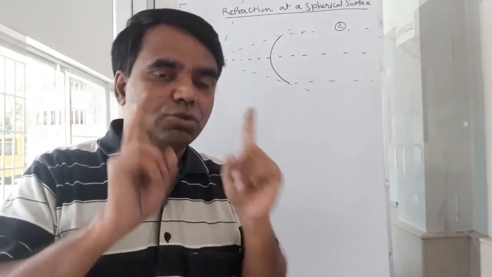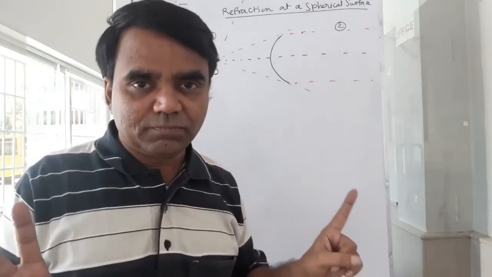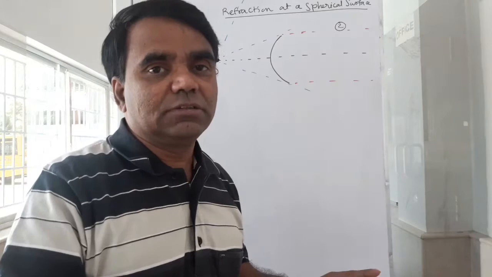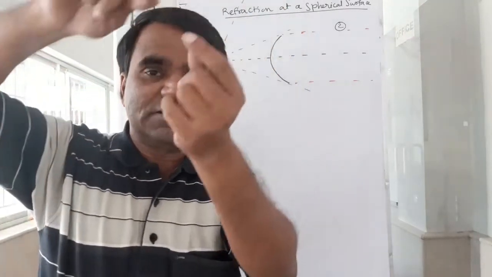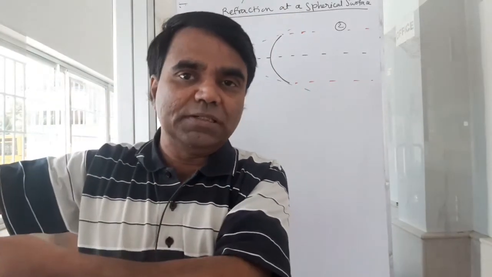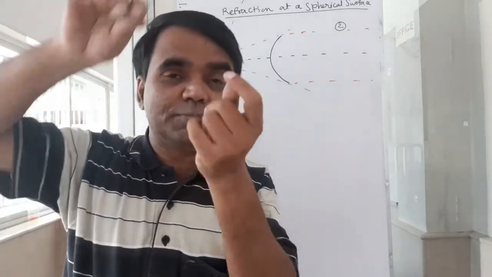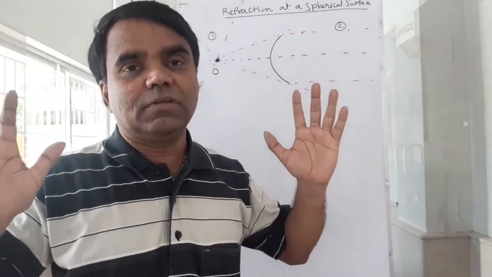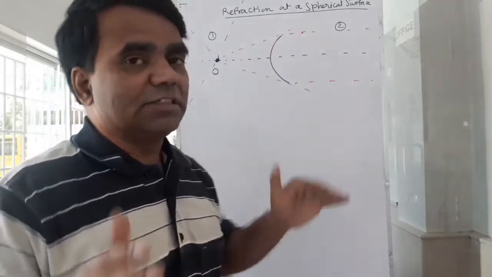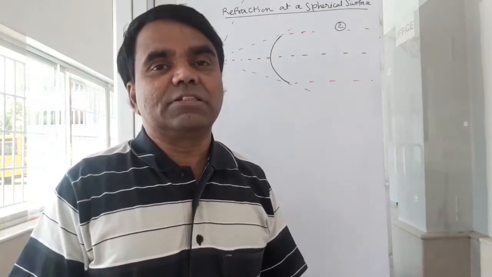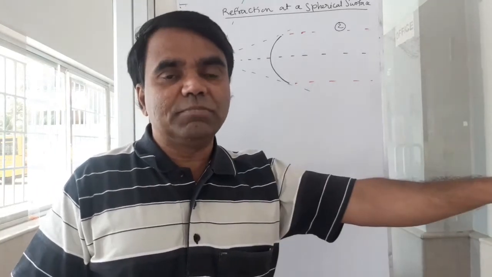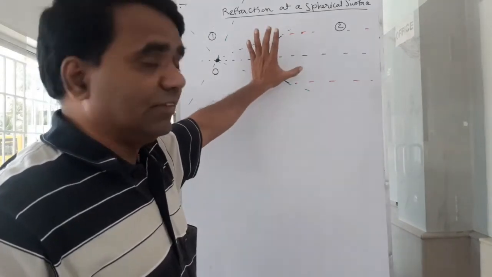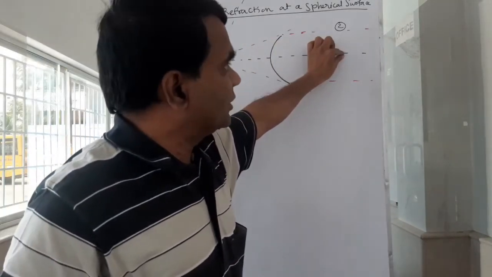If I take just two lines, any two lines, and if I make them obey the law of refraction, then the point of their intersection will be the focal point. Will be the point where all the rays which fall on this surface will meet. That's where they'll form the image.